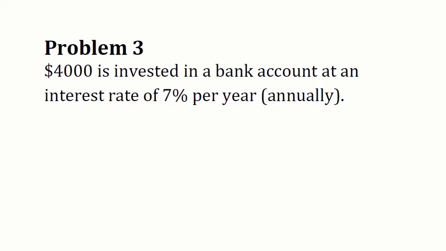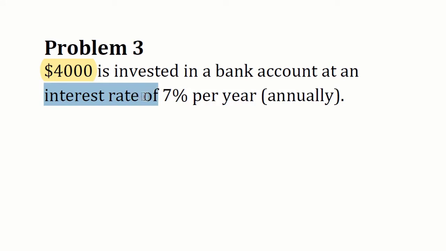Problem 3 started out giving us simply $4,000 as the initial amount. Clearly at this point of our learning, this problem is indicating that money is a quantity that's growing. And we have a rate right here, the interest rate, basically the growth rate in the concept of financial math, and we refer to that as the interest rate.